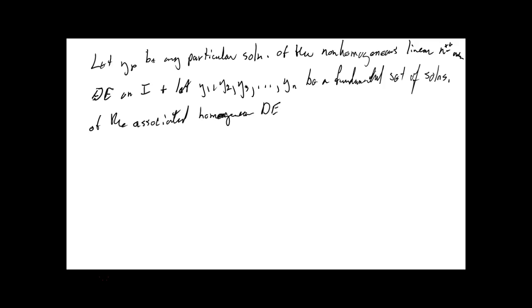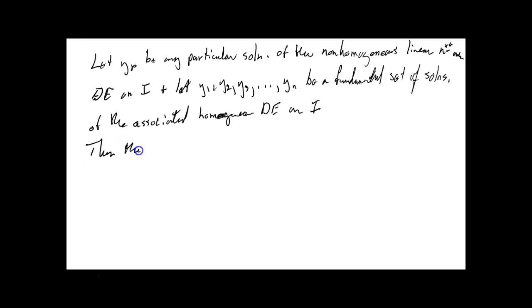Anything that would satisfy that with these same things, those would be your particular solutions. So the associated homogeneous part is when you set that g equal to 0 and you just deal with the homogeneous. That gives you your y's up to yn. Everything's on the same interval I.